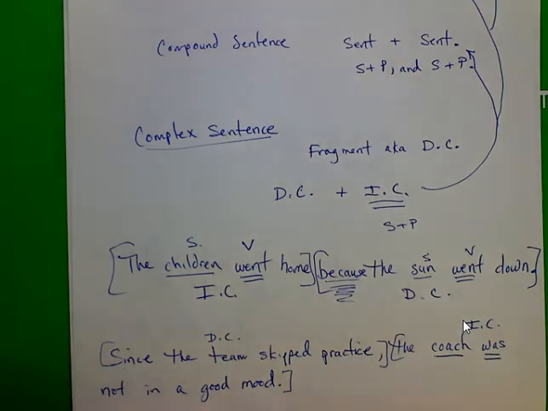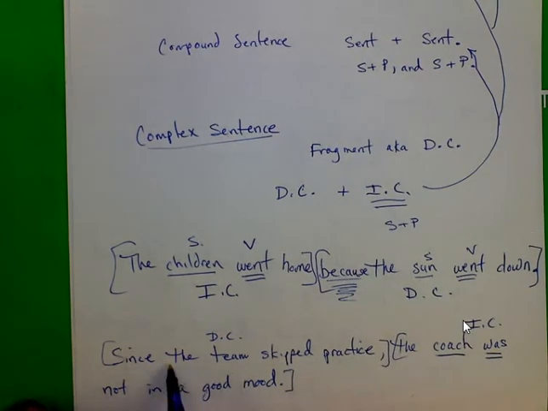Perfectly fine sentence. But, as a teacher, as a reader, the natural question would be, well, why wasn't the coach in a good mood? Why? And so, as a writer, you ask yourself these same types of questions, and you say, well, I'm going to answer that question in this way.